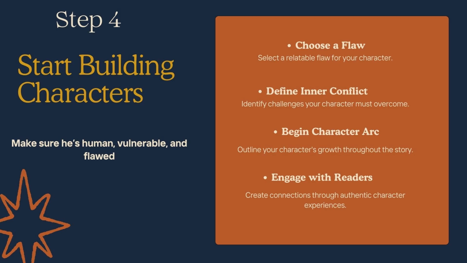Identify challenges your character might overcome or must overcome. Begin your character arc. Outline your character's growth throughout the story. It shouldn't be flat. If you introduce your character, make sure he grows.